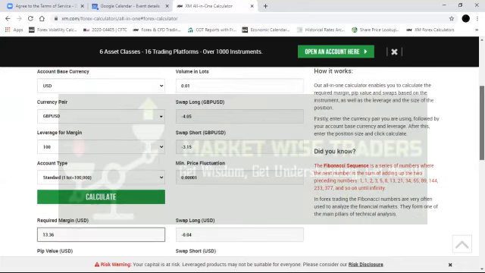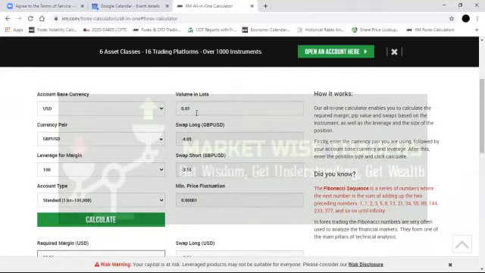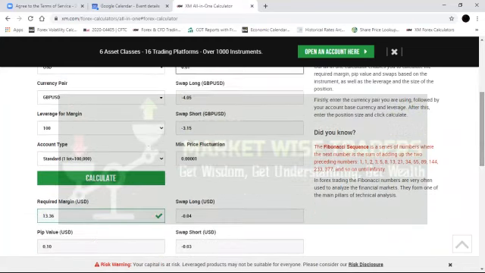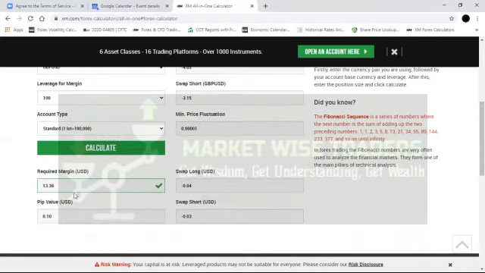So to trade a micro lot size 0.01 of pound US dollar with leverage of 100 to 1, they will want you to have $13.36 in your account. Okay, you understand that? You get that, sir? Yeah.